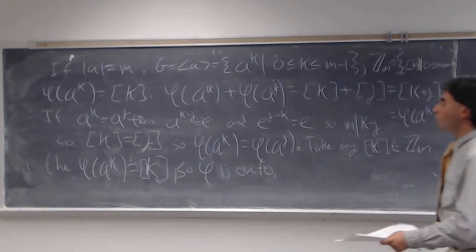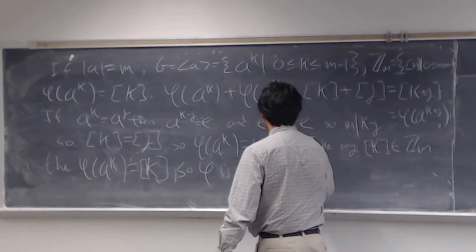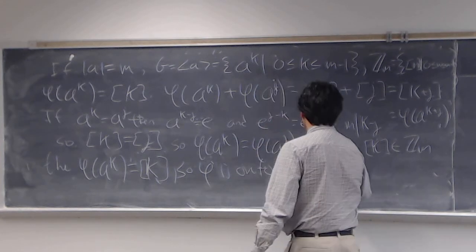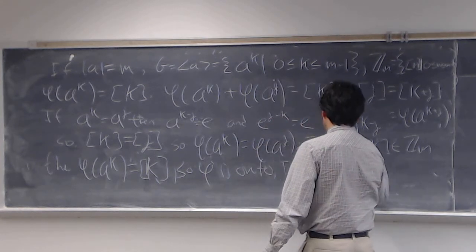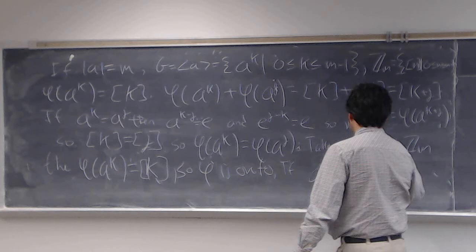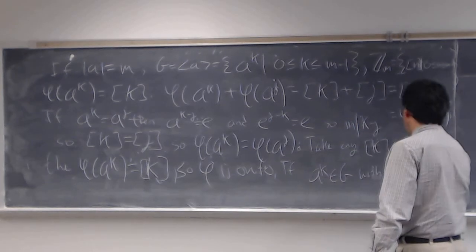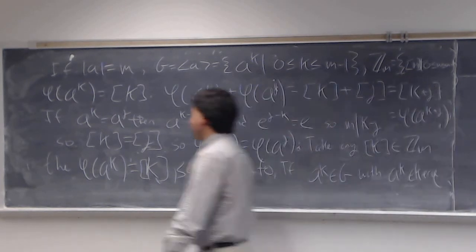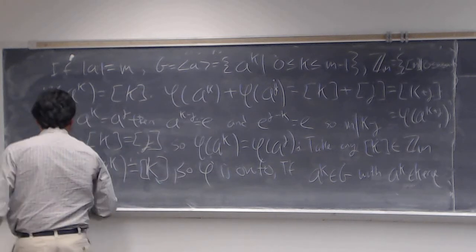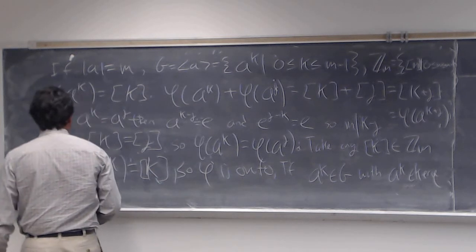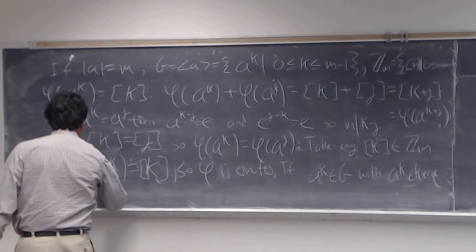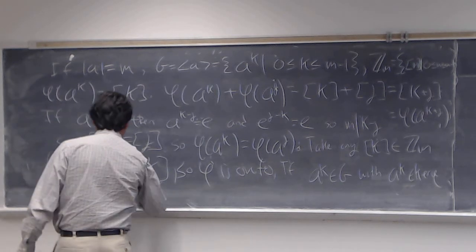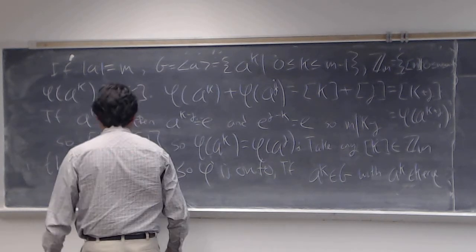How about one-to-one? If we have some arbitrary element, a to the k, in G, that's in the kernel, that would mean phi of a to the k would be the identity, which is 0.